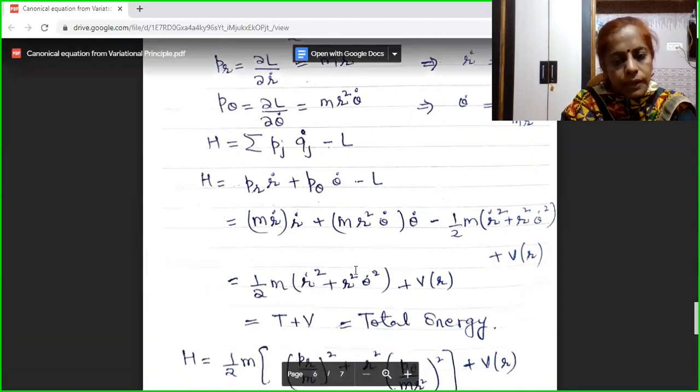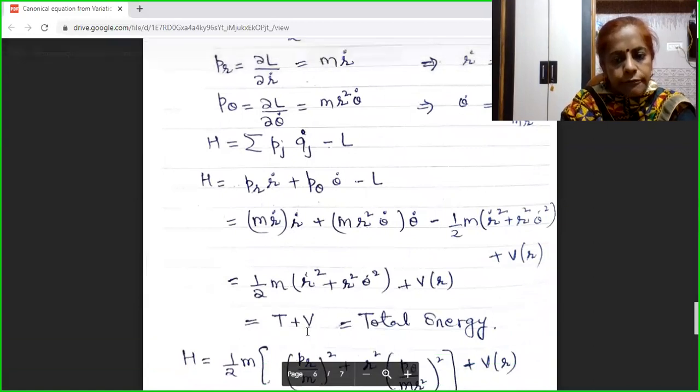What is the first term? Kinetic energy. So I get H equal to T plus V. That means the Hamiltonian is equal to the total energy of the system.